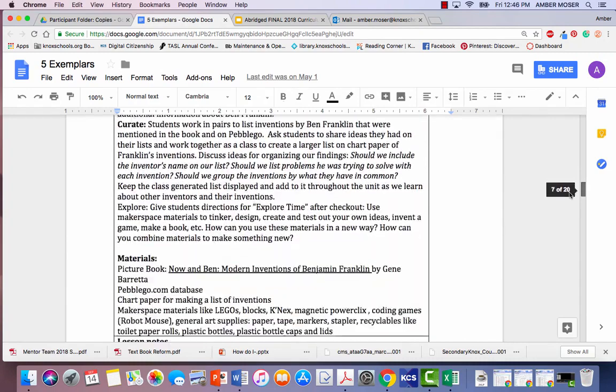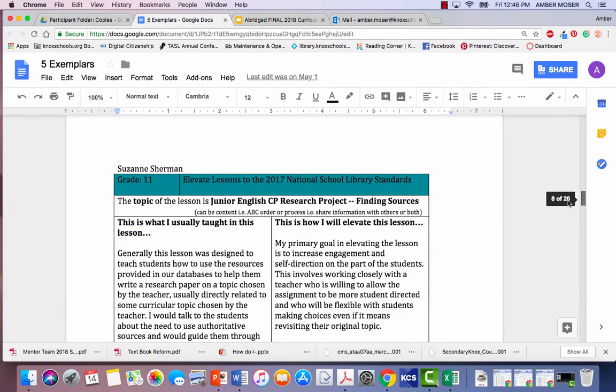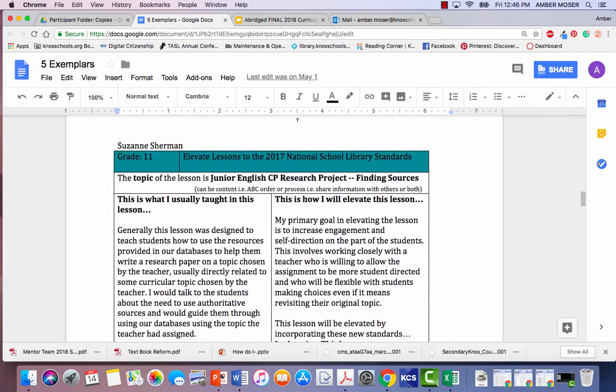There it is. And this was an 11th grade lesson. It was for junior English. It was a CP class. They were doing a research project, and she was working with them in this encounter specifically on finding their sources.